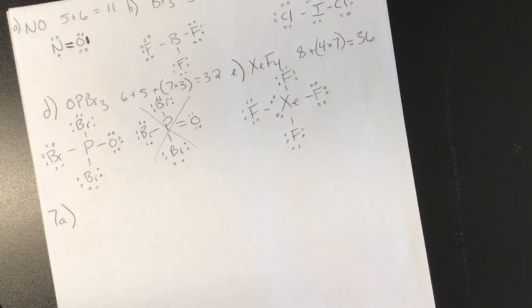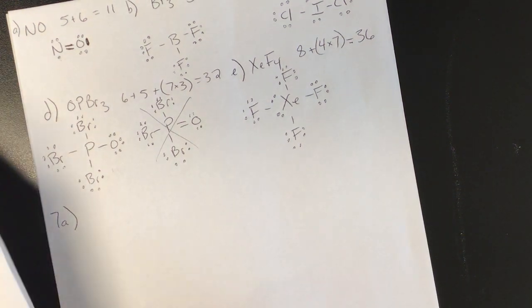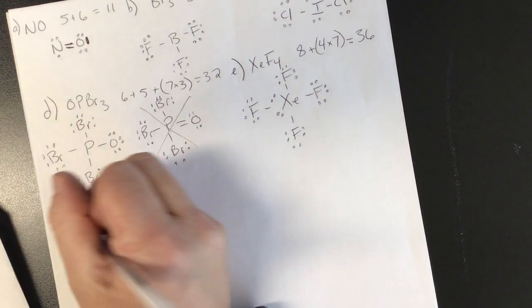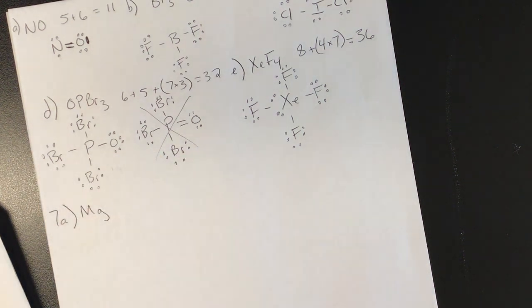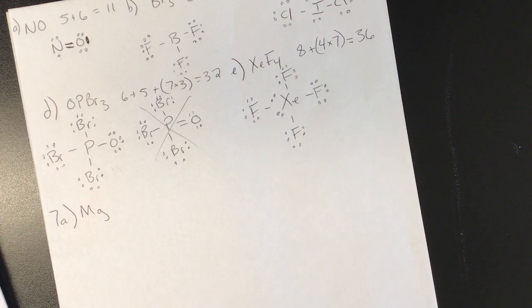On the test, I'm going to give you the electronegativity table, so you could even look these up if I gave a question like this. So magnesium would be the most electronegative atom out of these.